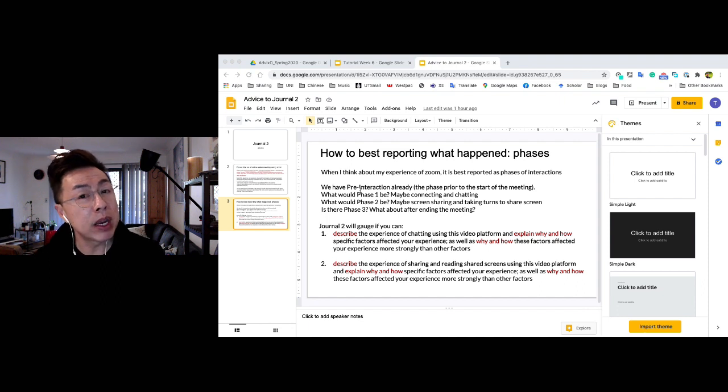But the most important thing is seriously think and reflect on the experience and how many different angles and facets the experience has, and really how deep the experience can be, and what are the different factors that are particularly important in shaping your user experience of a Zoom call.